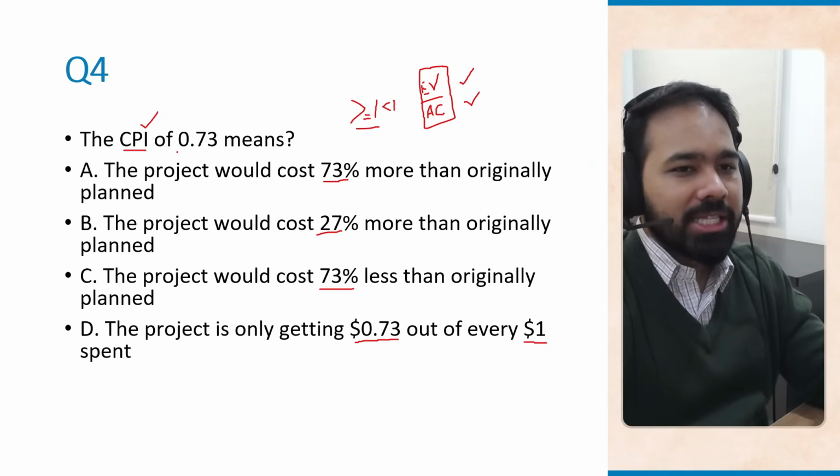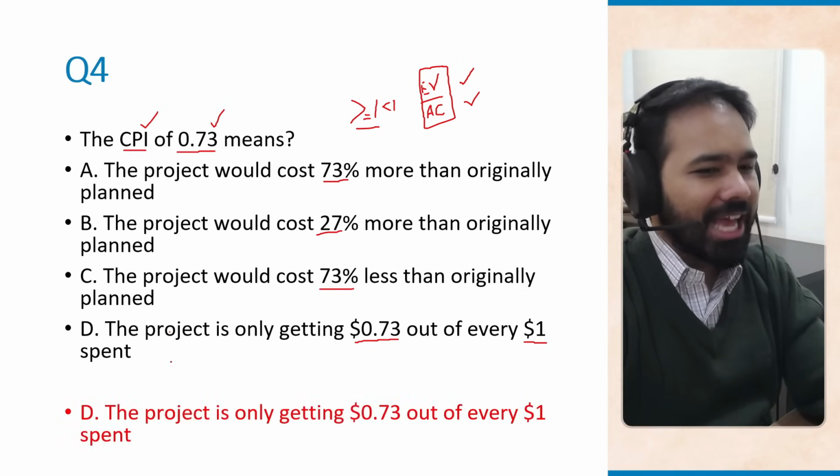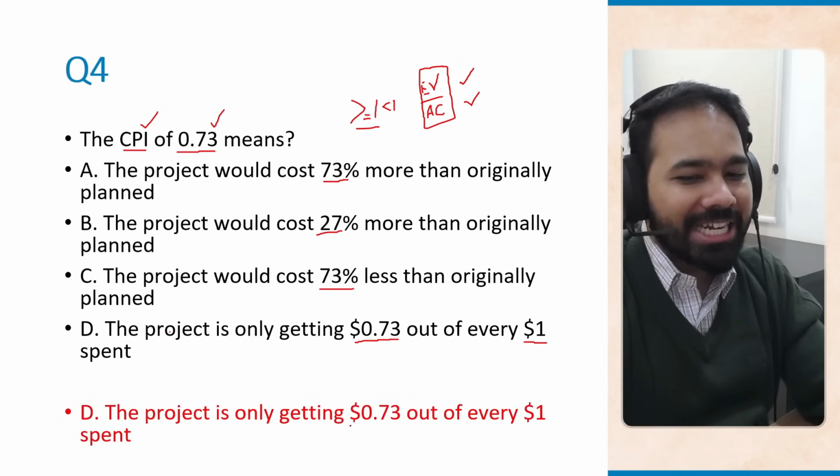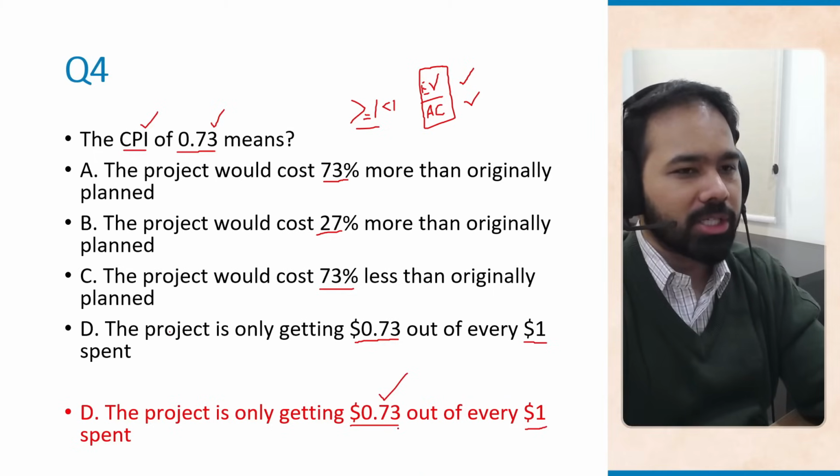So here CPI is 0.73, which means you are getting less value, which means option D is actually correct. You are only getting $0.73 worth of value for every $1 spent.